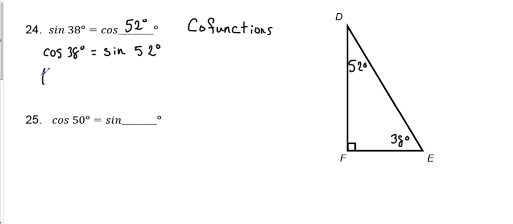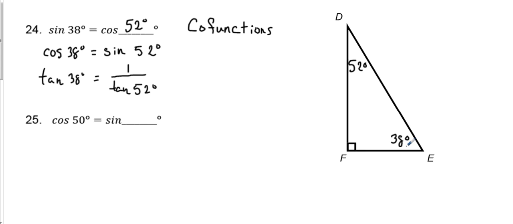And one last one, let's look at the tangent. So the tangent of this angle has to be the same as the reciprocal of the tangent of this one. So the tangent of 38 has to be equal to, now in order to write reciprocal, I write 1 over the tangent of 52 degrees.